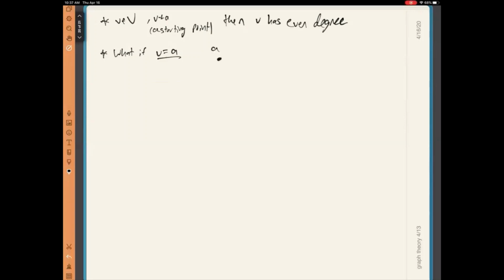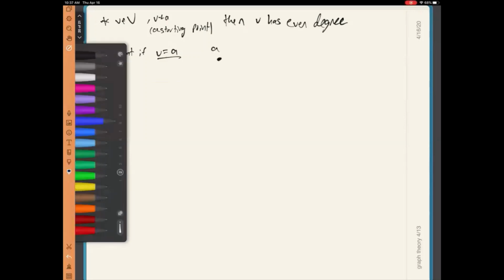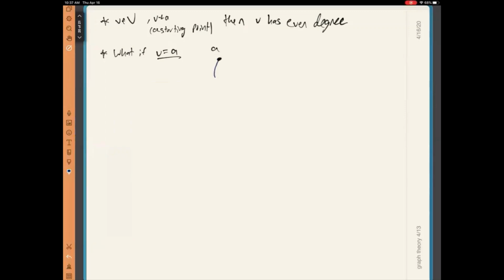And so why is this? Well, once again, we have our circuit that leaves a and travels along somewhere into the graph. And since it's a circuit, eventually it's going to come back to a. And so as soon as it comes back to a, the degree of a has to be 2. Now it's possible that it continues. Well, the only way for the path to continue, if it's a simple path, is if there's another edge that points out that's not one of the two that we already saw.